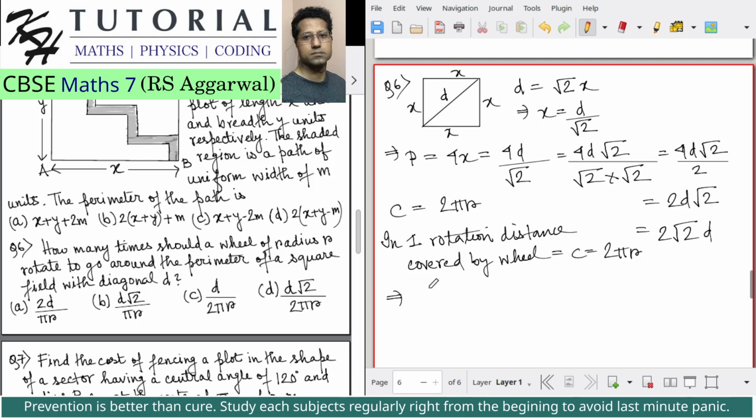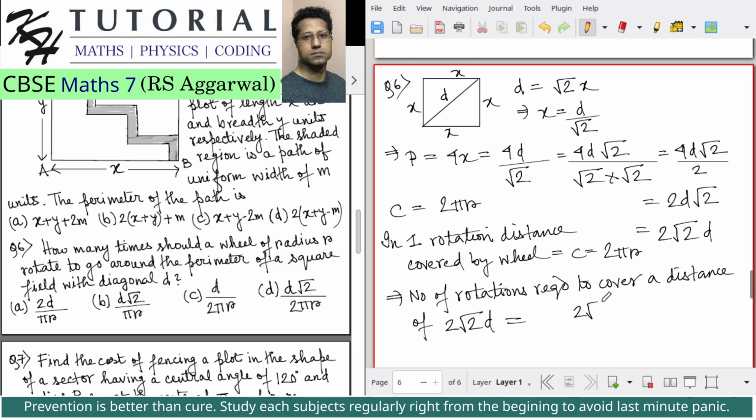So this implies, from the unitary method, the number of rotations required to cover a distance of the perimeter of the square, which is 2 square root of 2 d, will be equal to 2 square root of 2 d divided by c, which is equal to 2 square root of 2 d divided by 2 pi small r. 2 cancels out.